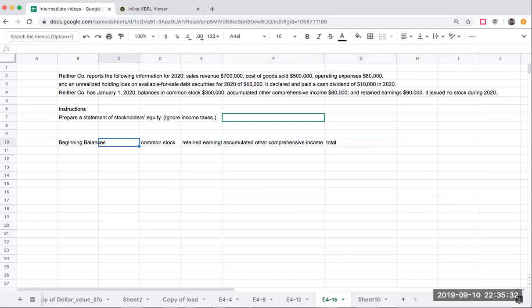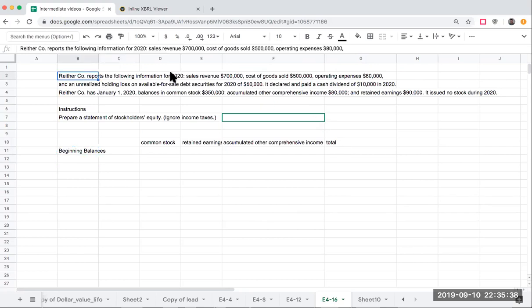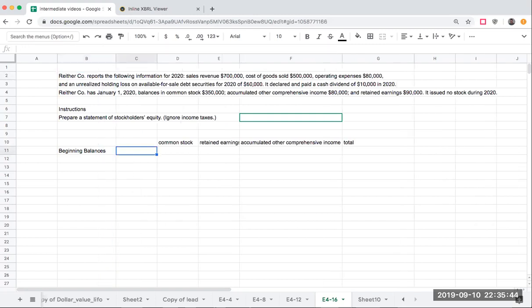Okay, so right over here, it says we've got the balances for 2020. So it's giving us 2020 information, but let's start with our beginning balances. My beginning balances as of 1/1/20: it tells us I've got a beginning balance in common stock of 350,000.